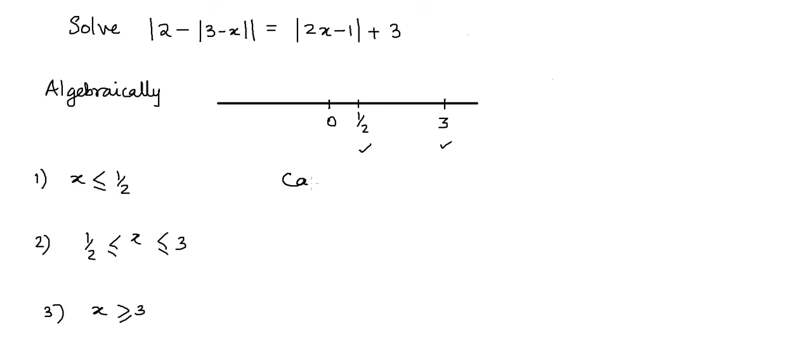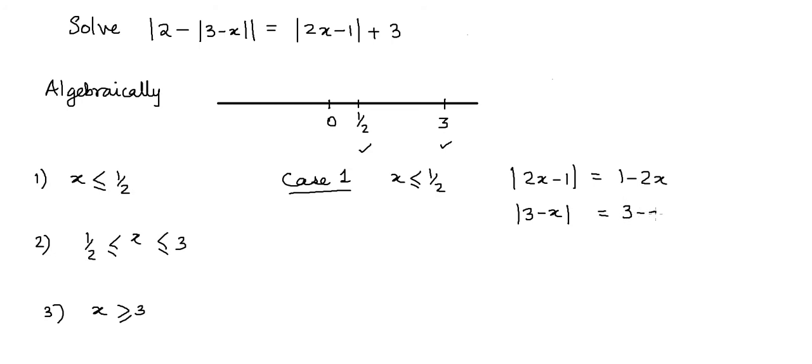So consider case 1, x is less than equal to half. So when x is less than equal to half, the absolute value of 2x minus 1 becomes actually 1 minus 2x, because x is less than half, so 2x is less than 1. Also the absolute value of 3 minus x stays as 3 minus x, because x is very small compared to 3.